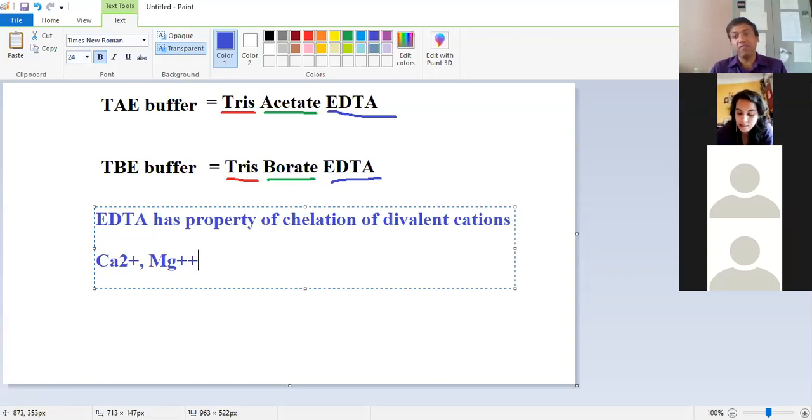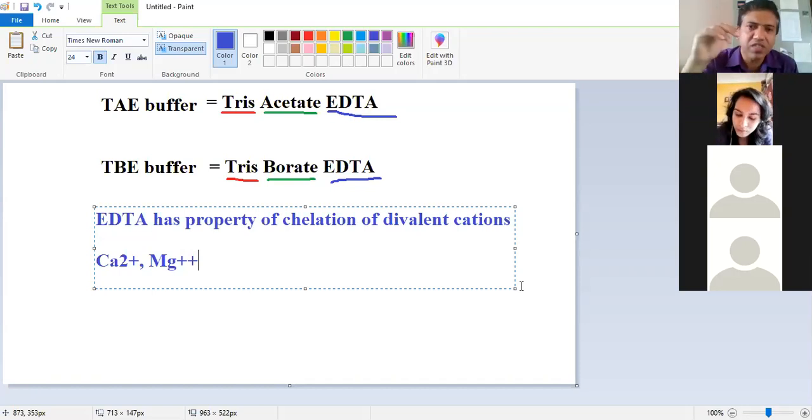Divalent means having two positive valency. Now calcium and magnesium are required by the blood coagulating enzymes to carry out blood coagulation. EDTA chelates these divalent cations, they become inert, and so blood coagulation is prevented.